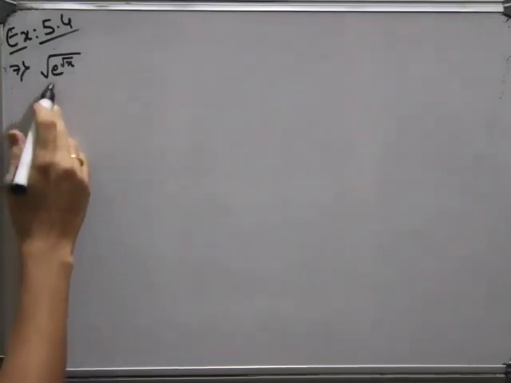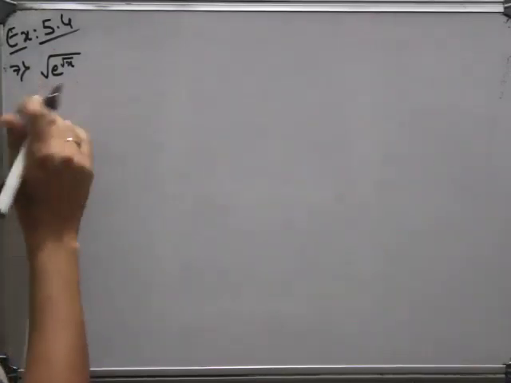Root of e to the power of root x. So you have to make a small adjustment in this. Don't directly solve it according to root x form. So you have to simplify it a bit. So how will you solve it? So let us see.